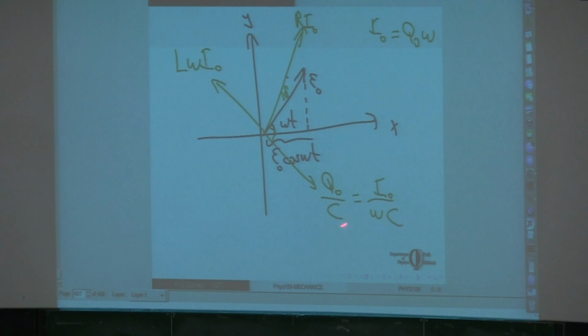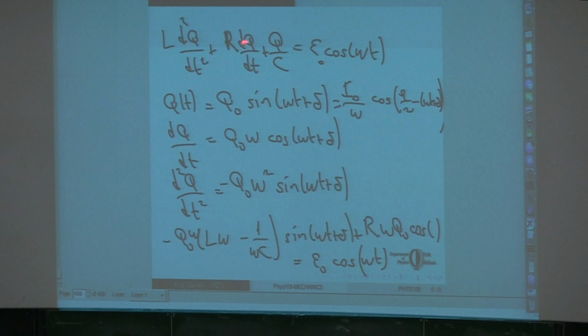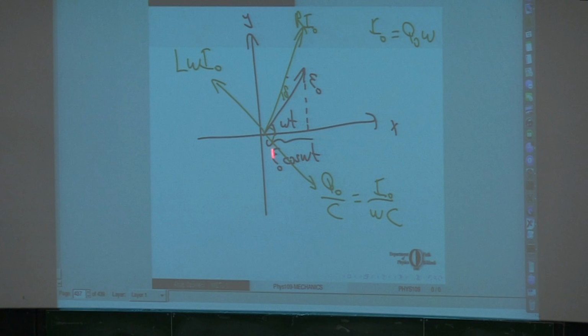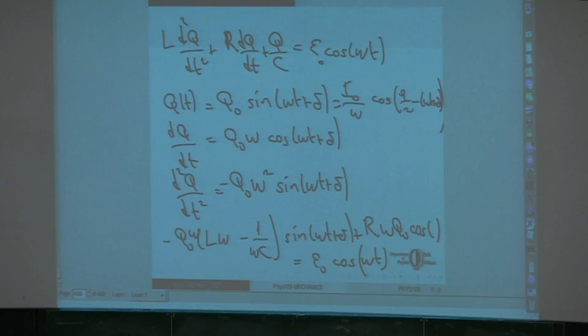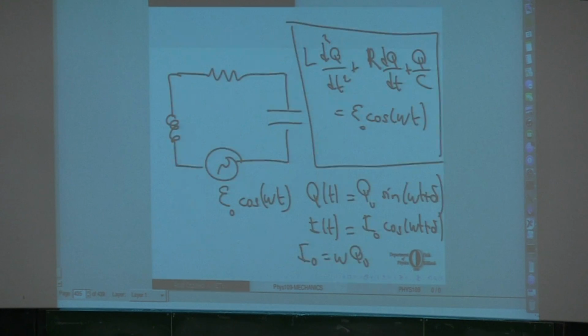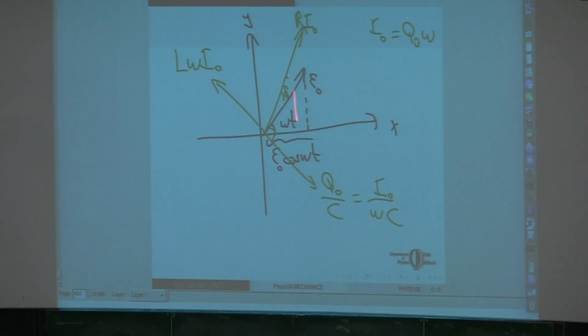The vectors in orange each correspond to one term on the left-hand side, and the vector in black has an x component that corresponds to the right-hand side. So if the sum of these 3 orange vectors is equal to the 4th vector, the same holds for the x components.